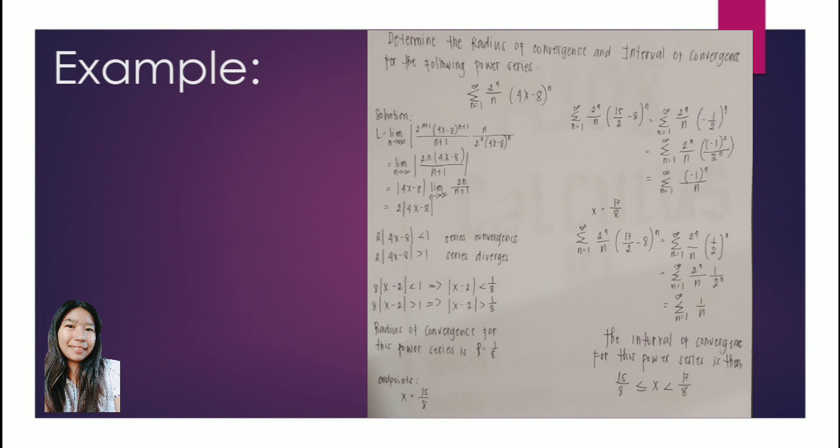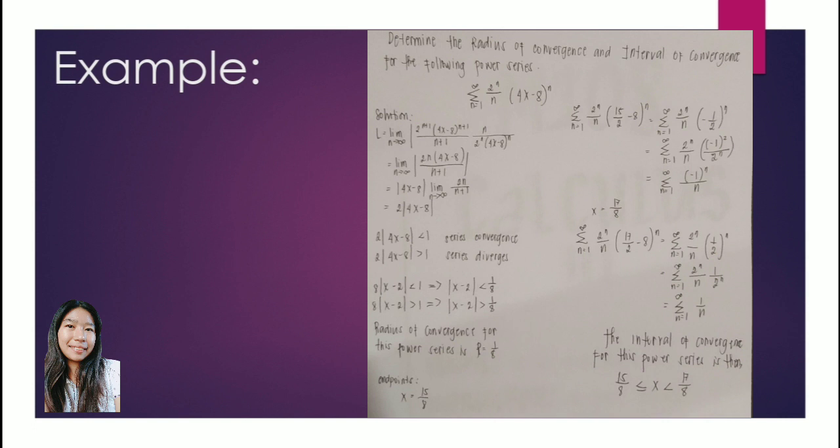So the endpoints: x is equal to 15 over 8. The sum from n equals 1 to infinity is computed as 2 raised to n over n times the quantity of 15 over 2 minus 8 raised to n, which is equal to the sum from n equals 1 to infinity of 2 raised to n over n times negative 1 half raised to n, which is equal to 2 over n times the quantity of 1 minus 1 raised to 2 all over 2 raised to n.